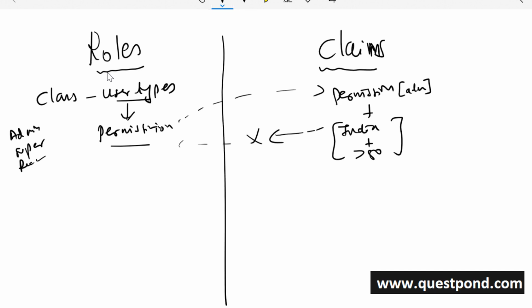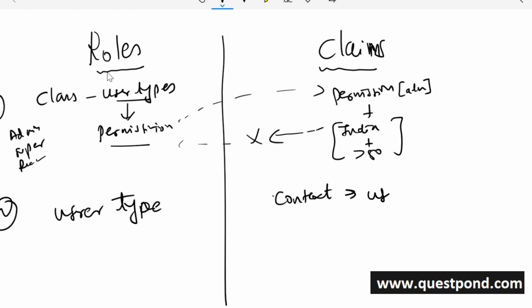The second important differentiation between both of them is that roles are assigned to a user type. So it is not assigned to a specific user, but claims have a context attached to it. So it is very specific to a user, right?